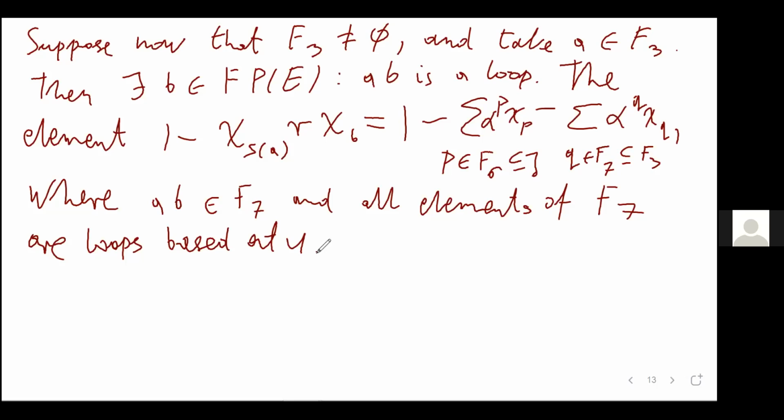Whatever it is, I don't care if it's 0 or non-zero. 0 is still in the ideal. What I care about is this third part of my expression, the sum over F7. So here I note that this is a non-empty set because it contains A times B, or A composed B, and it consists only of loops because all other elements of F3 died as the result of sandwiching by chi SA from the left and chi B from the right.